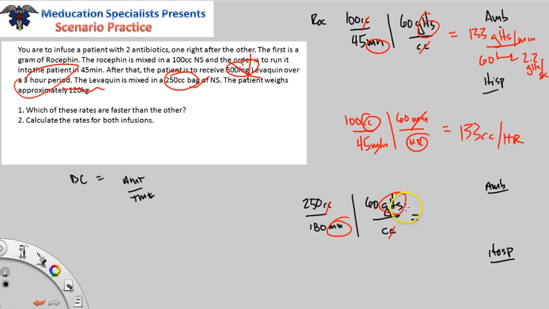And if you notice, this will get us 83 drops a minute, or if you divide that by 60, let's just do it real quick, divided by 60 is 1.3 drops per second.